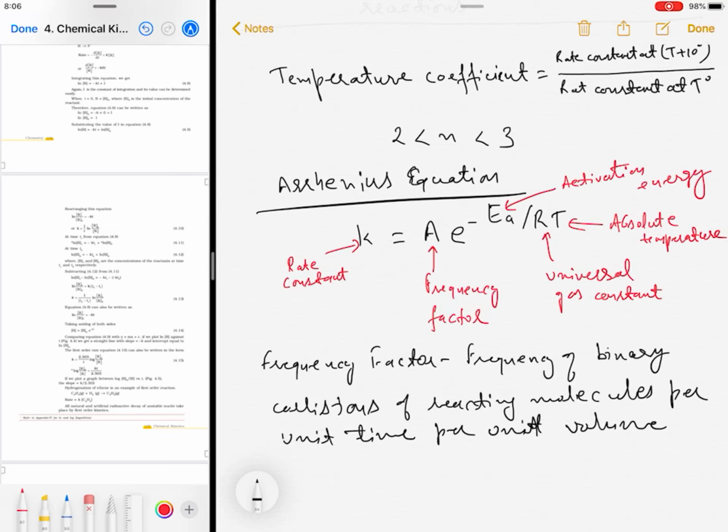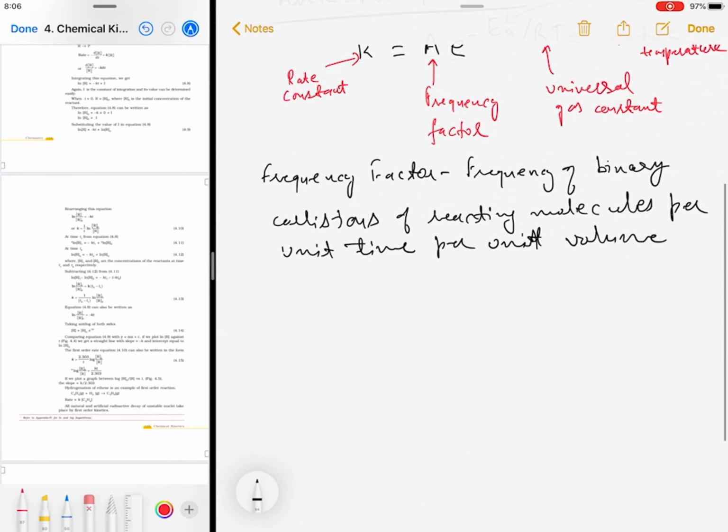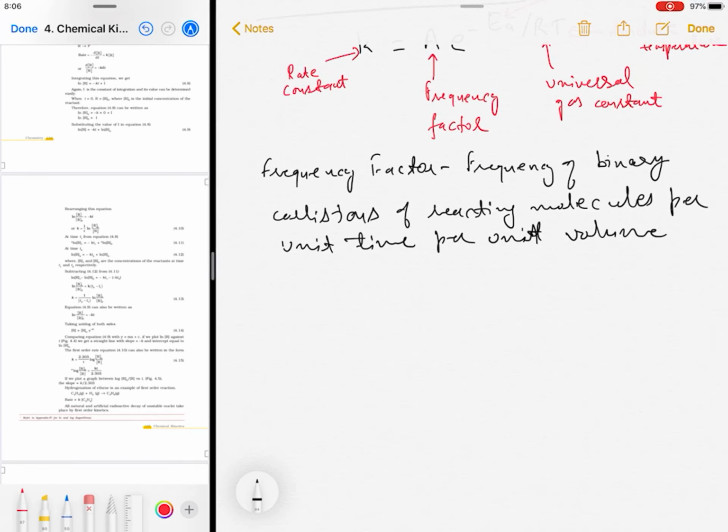So suppose we have a reaction mixture in a particular volume, then in the unit volume, how many collisions are taking place per second between the reacting molecules? It is known as the frequency factor.